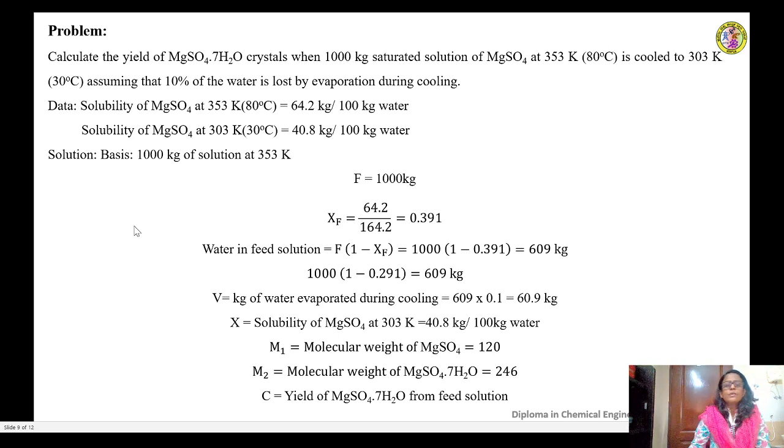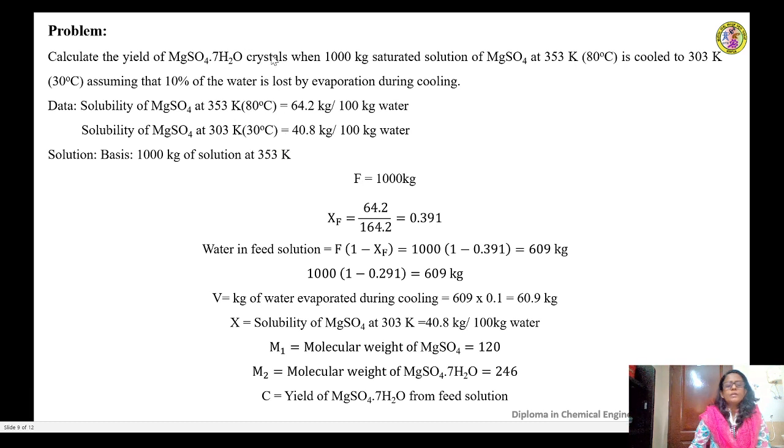So since this is a cooling method, also it is observed that 10% of the solvent, that is water present in the saturated solution, is lost during the operation by evaporation. As data, they have given the solubility of MgSO4 at the initial and the final temperature of the operation.